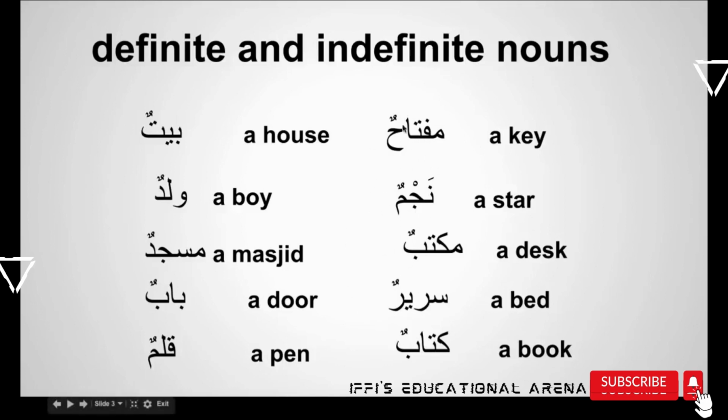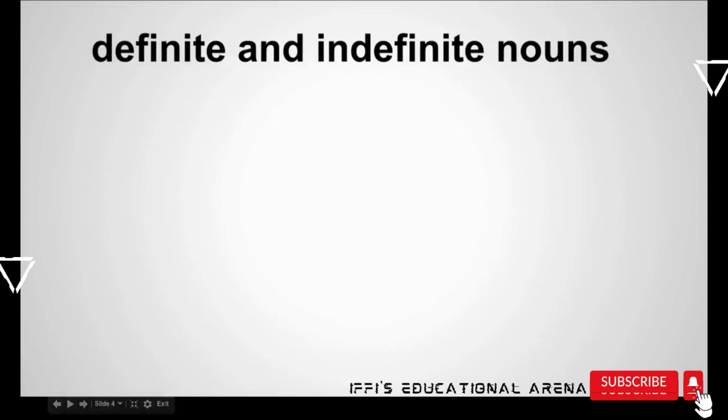If you see here, all the words which are indefinite, where we don't mean that specific house, key, or whatever, end with double dhamma. So that is the sign of indefinite, double dhamma. When you see a double dhamma at the end of the noun, that's a sign of indefinite. Most nouns in their natural state have double dhamma. Something happens and then the sign changes.